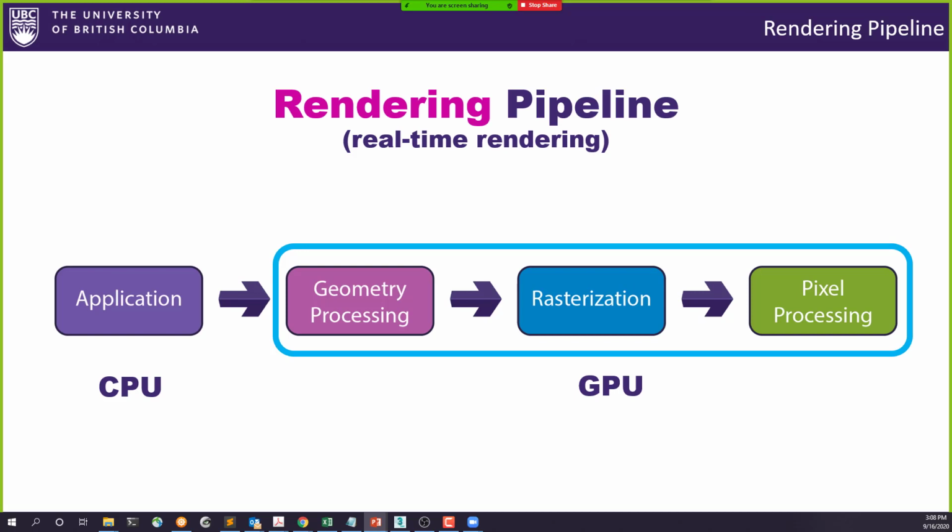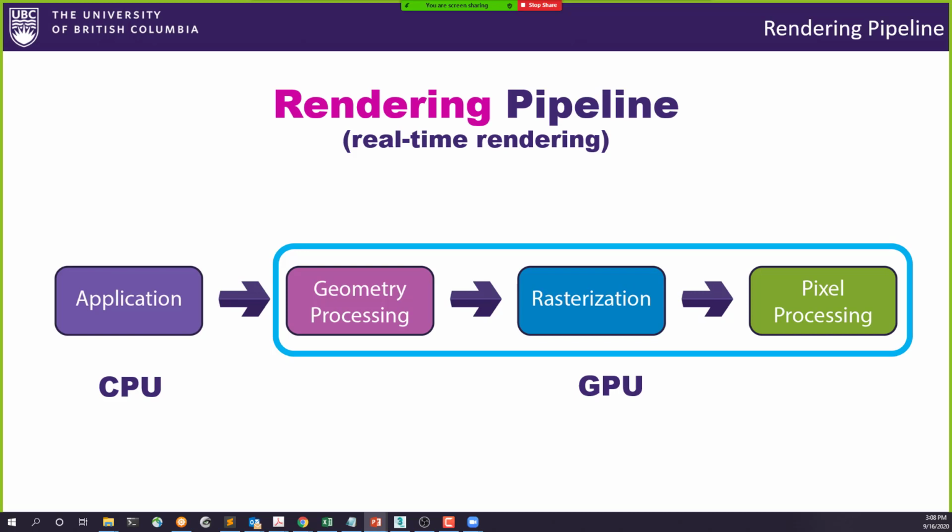So what is the CPU application stage? This is where you are defining all your geometry and scene, right? It could be, for example, a game engine like Unity or UDK, or it could be Blender or Maya or 3D Studio Max or something like that, right? In the case of your assignment, your JavaScript is your application stage, right?